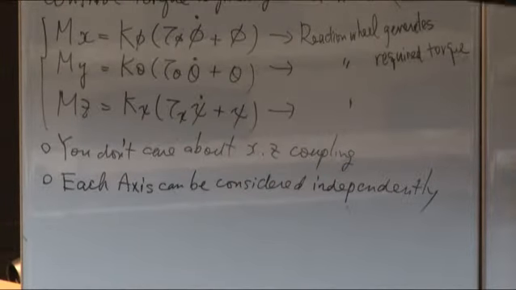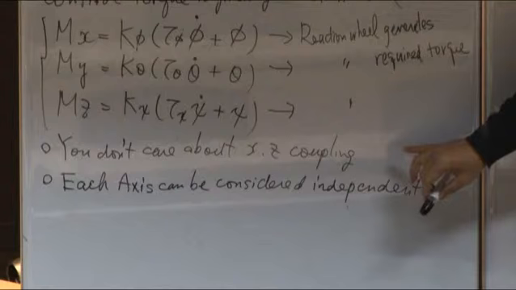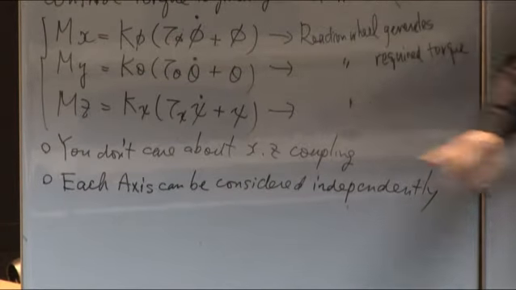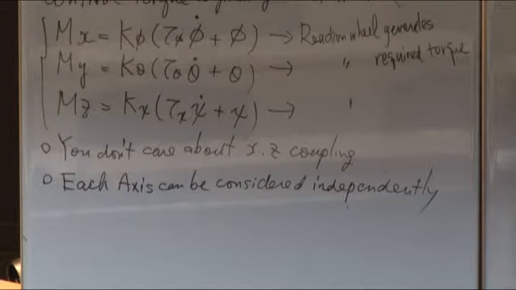So only the small coupling occurs by way of omega 0. But it is small, so we don't care about this kind of interaction. You can consider each axis independently and find a very good feedback gain for each axis. So this is the case for the zero momentum.